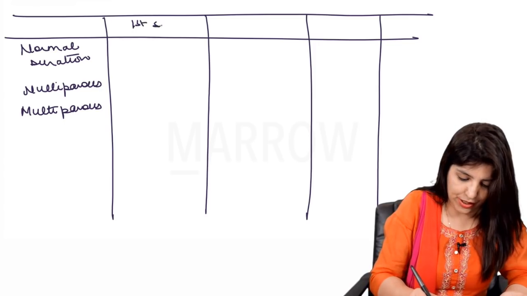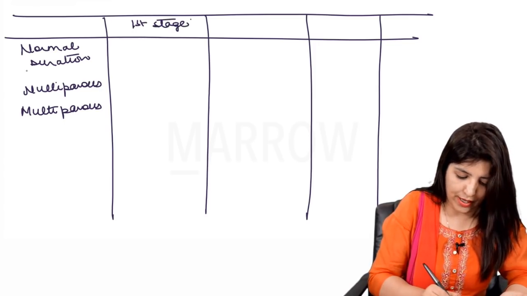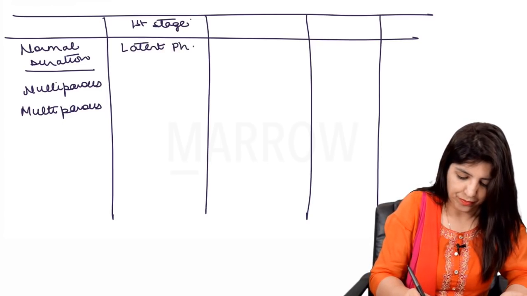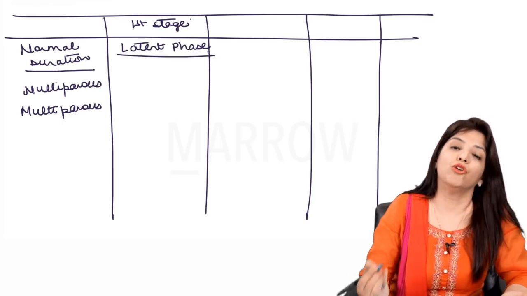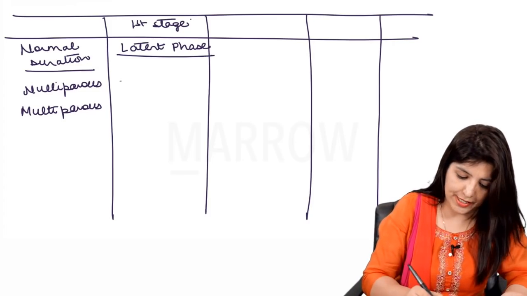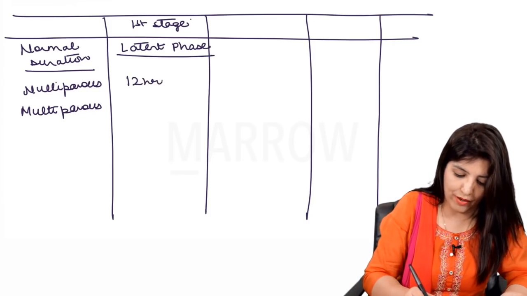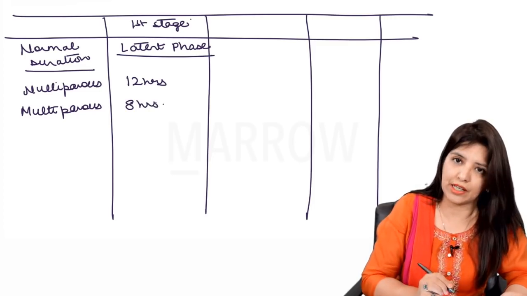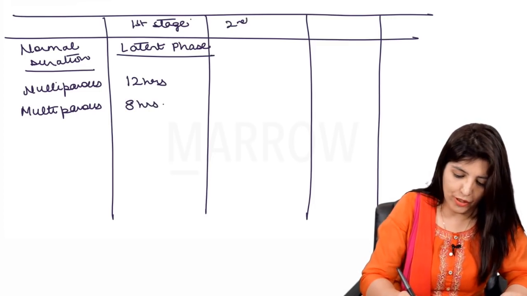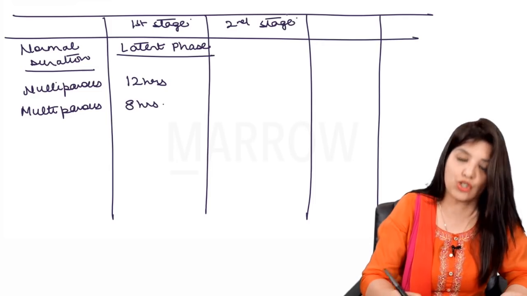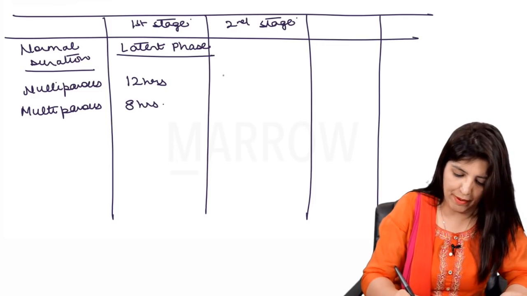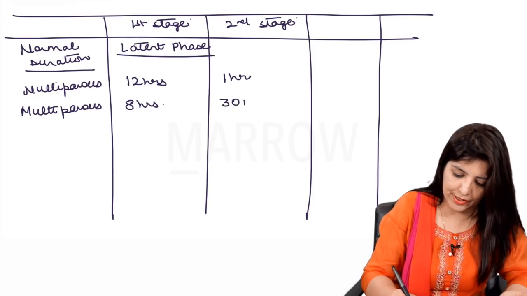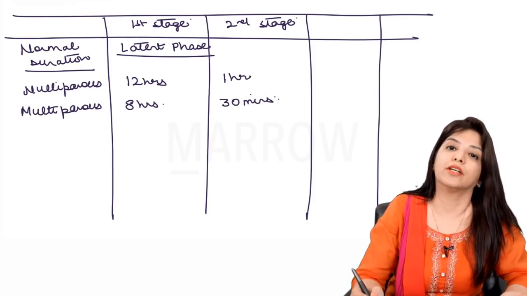So in the first stage, we are talking about the normal duration of latent phase. The normal duration of latent phase in a nulliparous female is 12 hours and in a multiparous female it is 8 hours, right? Normal duration of the second stage of labor in a nulliparous female is 1 hour and in a multiparous female it is 30 minutes.